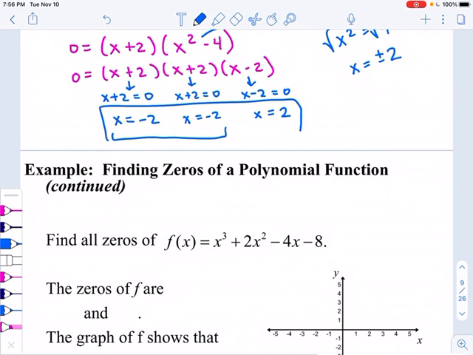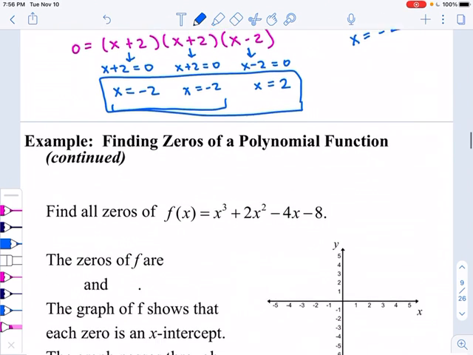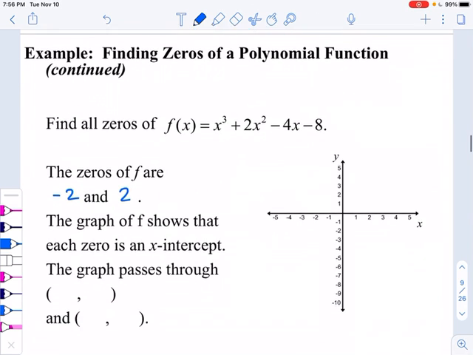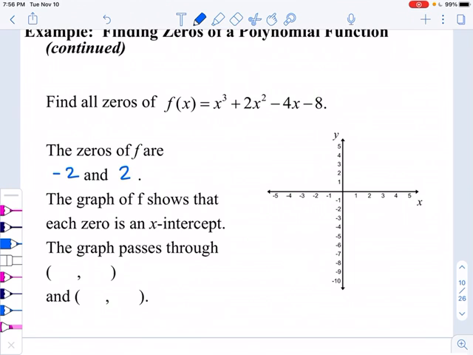We found technically what would have looked like 3 zeros, but it makes 2 zeros because 2 of them are the same value. So the zeros of f are negative 2 and positive 2. It says a graph of f shows that each 0 is an x-intercept, and that means the graph is going to pass through, well, what would be those ordered pairs?